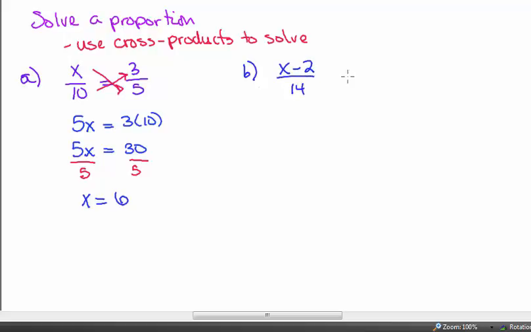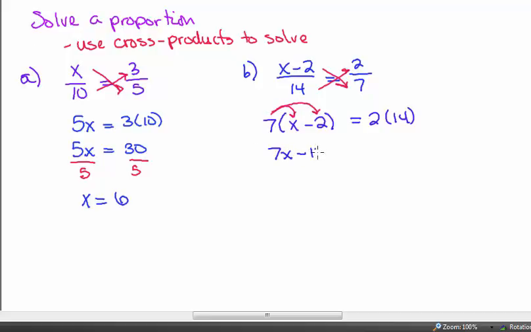X minus 2 over 14 is equal to 2 over 7. Now when this occurs, we still cross multiply, but instead of just multiplying 7 times x, I have to multiply 7 times x minus 2 and 2 times 14. So I will need to distribute this 7, giving me 7x minus 14 is equal to 28.